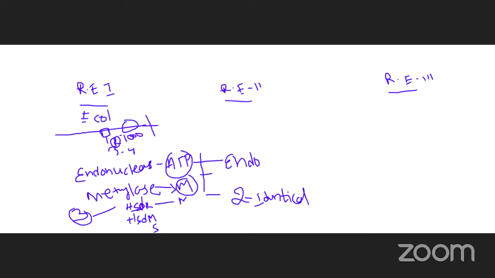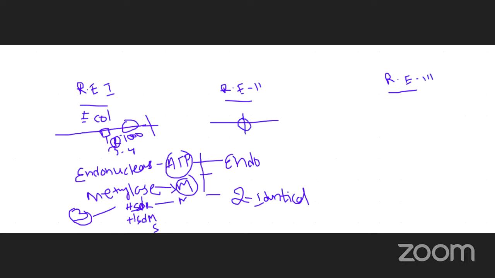And these subunits cut at the restriction site only, not far away. But in type 1, the restriction site is somewhere here, but it cuts after 1,000 base pairs. In this restriction enzyme, it cuts at the restriction site only.